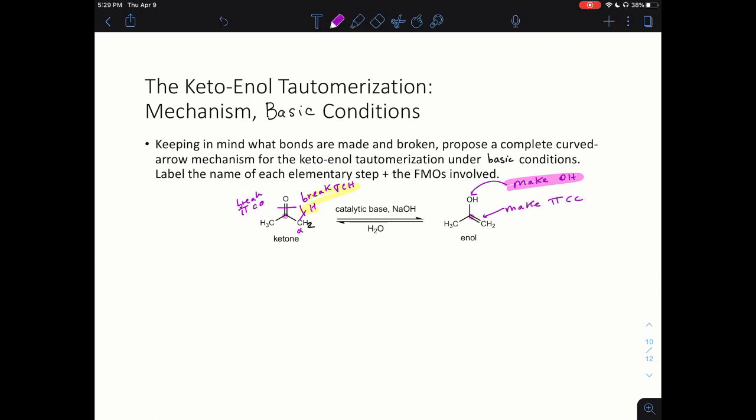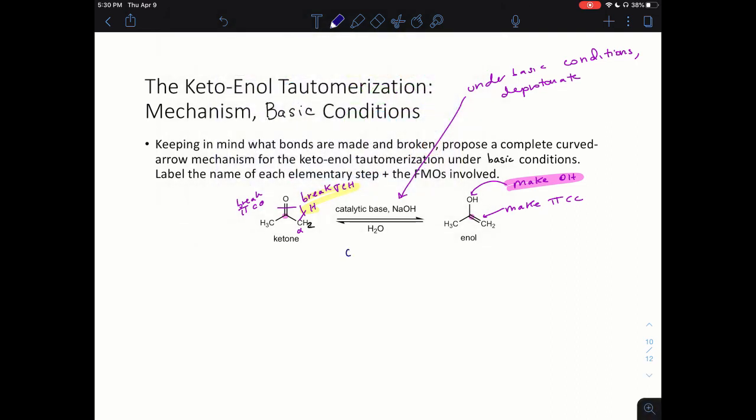Now we are in base. So under basic conditions, what do you think we should do? Yes, we should deprotonate. We should remove a proton. So we're going to break sigma CH first this time.